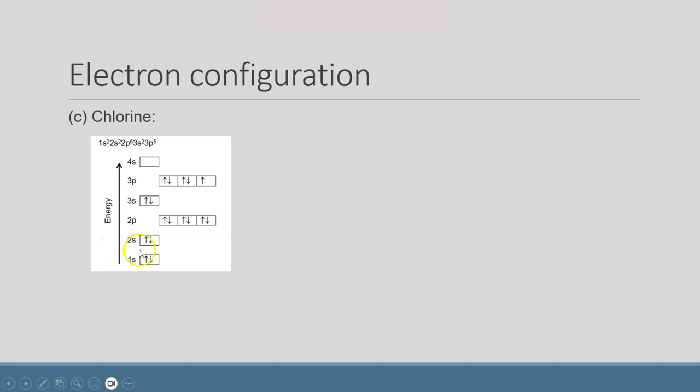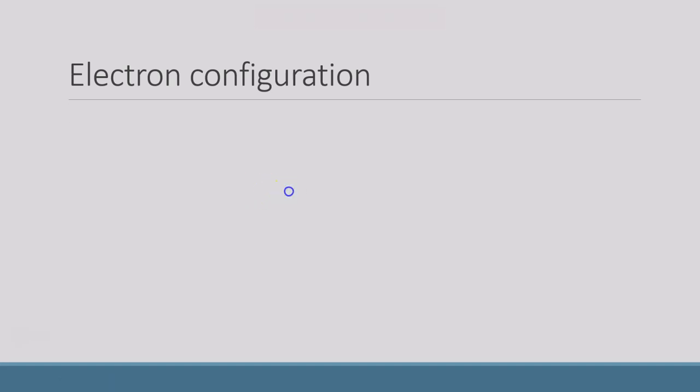Chlorine, well, we can see that the first energy level is full and the second energy level is full. So we've got 2 core electrons in n equals 1, 8 core electrons in n equals 2, and n equals 3 is not full. Therefore, these electrons are valence electrons: 7 valence electrons in n equals 3.